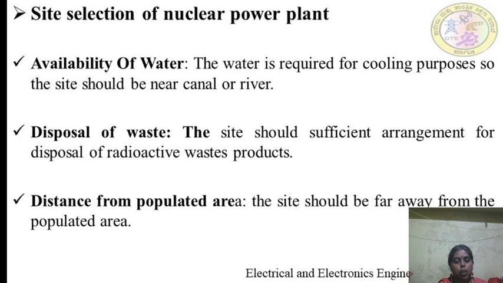Next is distance from populated area. The site selected should always be far away from the populated area. So the distance has to be known before erection of the power plant.